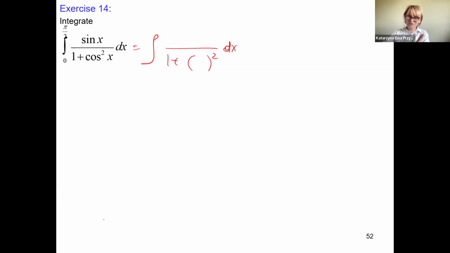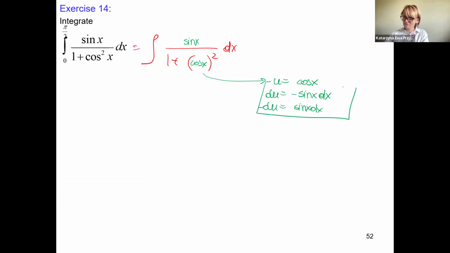And we have to think possibly it's an arctangent of this quantity. The quantity is cosine, and we actually see on the top sine. That means this will work. U is cosine of x. Derivative of u is negative sine of x dx. Negative du is sine of x dx. Beautiful. So I can say 1 plus u squared, and sine of x dx is negative du.